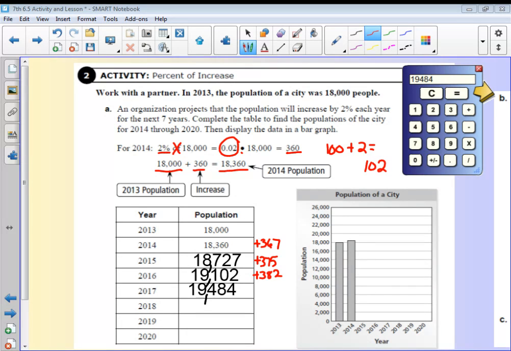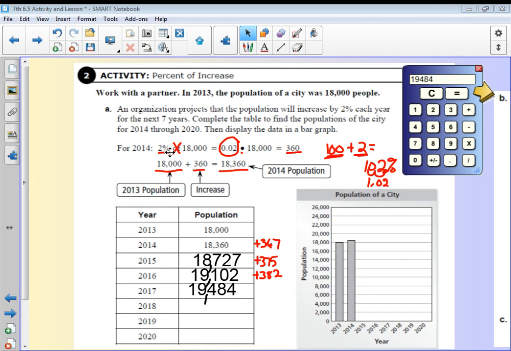So instead of adding the original population back in, this is our original population percentage and our increase percent, and we can add the percentages together. Instead of taking it times 0.02, this was 102%, so we can move two places and punch it in as 1.02, because that 1 is representing that 100%.